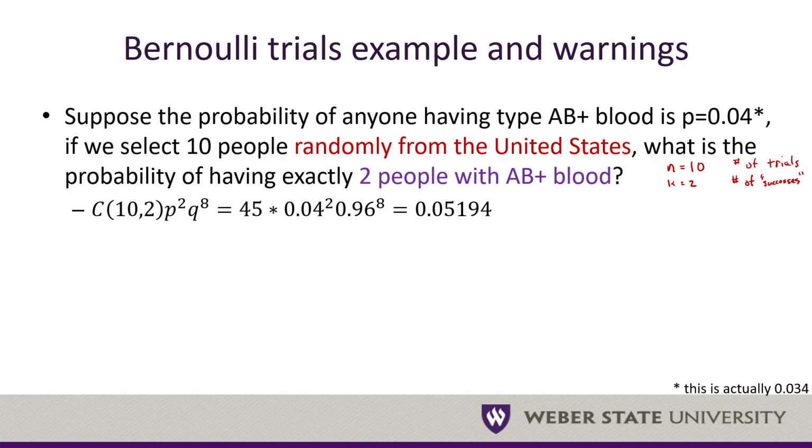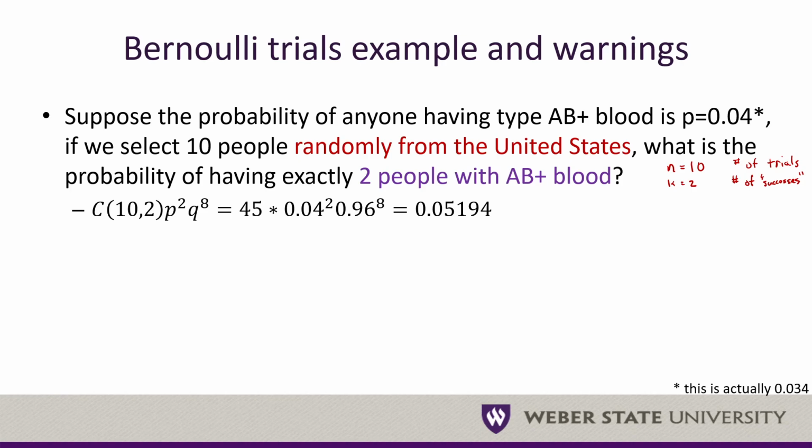But what we find when we plug this in, combinations of 10 things taken 2 at a time, would be 10 factorial over 8 factorial times 2, which would be 9 times 10 over 2, which would be 45. 45 times 0.04 squared, that would be 0.0016, times whatever 0.96 raised to the 8th would be.